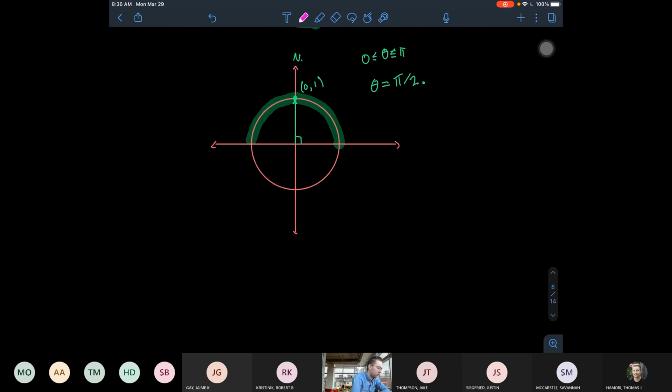Okay, and in order to make our answer unique, we did have to specify whether we were on the top half of the unit circle or sometimes on the right half of the unit circle. So the way it worked was for sine, we're always talking about the right half.